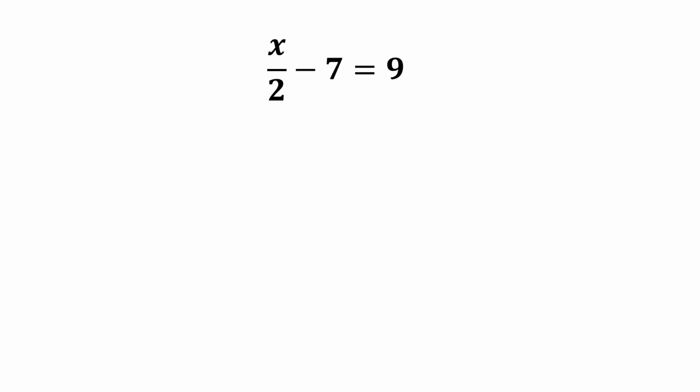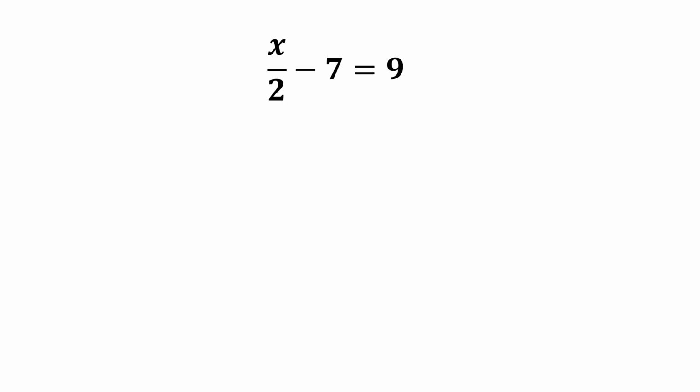Let's solve one more problem, but this one's going to look a little different. X divided by 2, subtract 7, equals 9. We're going to follow the exact same steps we did with the last problems. The first step is to get rid of any adding or subtracting taking place next to our variable. Let's cover up x divided by 2 for a second. And it's easy to see we have to get rid of subtracting 7.